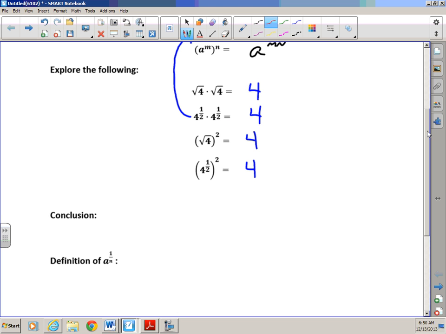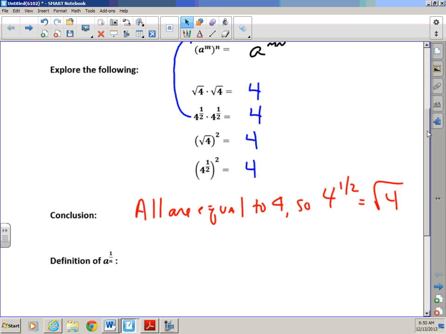And 4 to the half power squared gave me the same answer as the square root of 4 squared. So what conclusion can we draw? That all are equal to 4. So 4 to the 1/2 power is equal to the square root of 4.